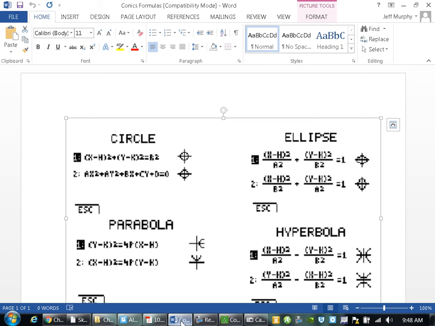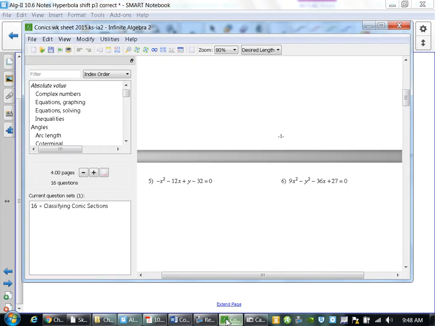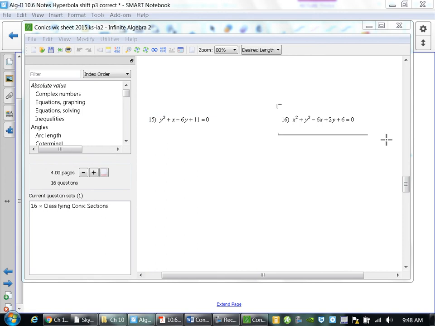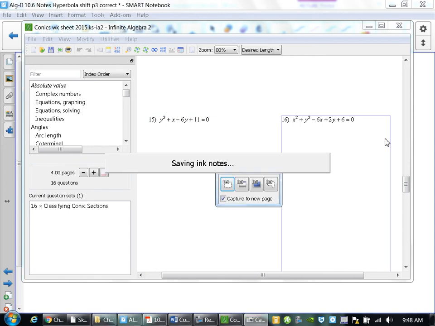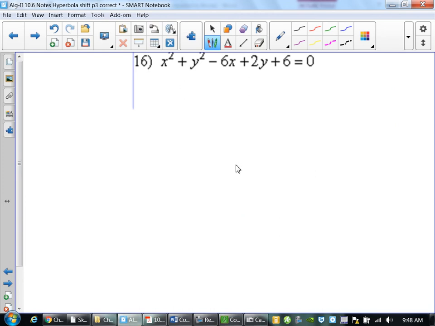Wait, so is the directrix y equals? Yeah, in this case, it'll be y. You said 18? 16. I forgot how to find the directrix again. What do you do? Opposite of p.